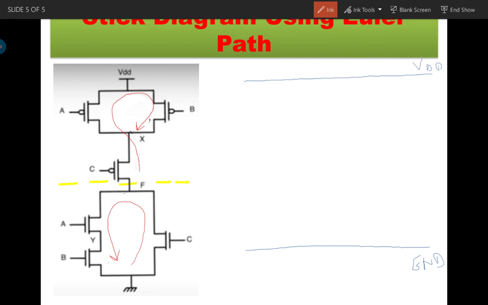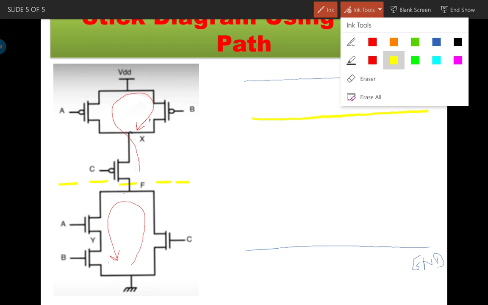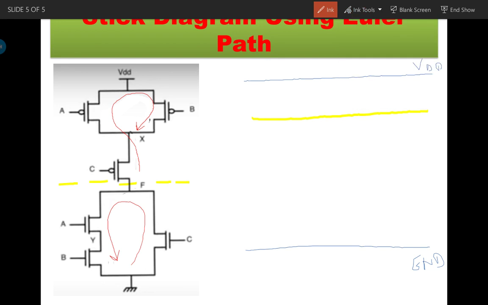P diffusion is formed with the yellow line, and the N diffusion is shown with the green line. This shows the P diffusion and the green shows the N diffusion.